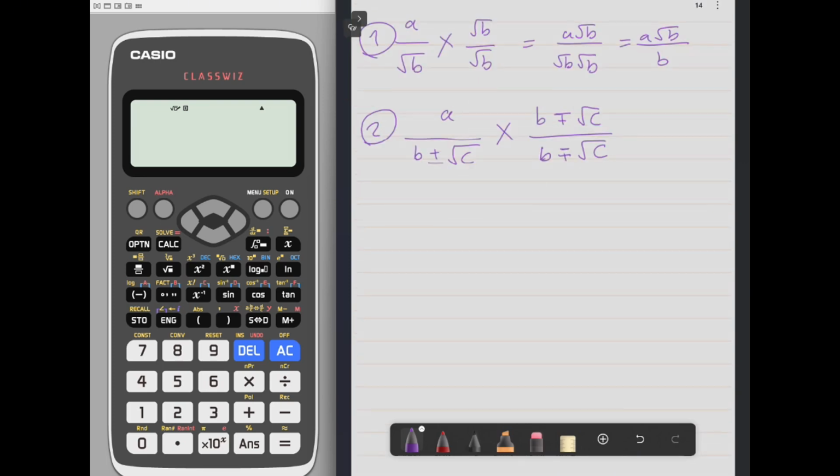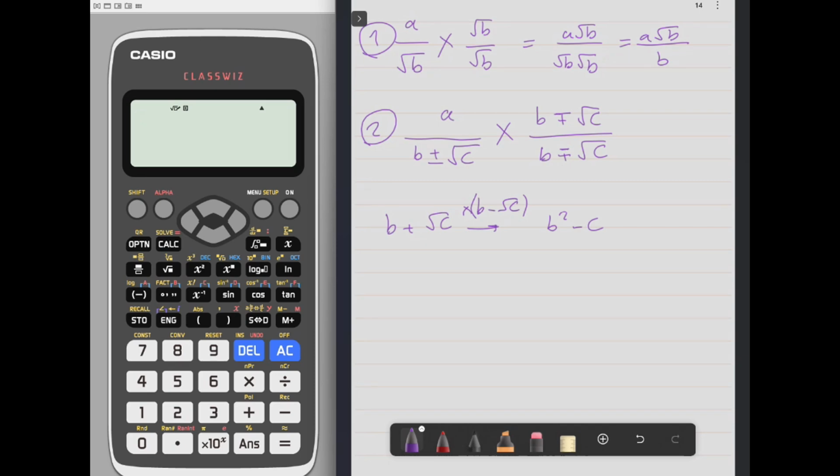By the difference of two squares. We knew that a squared minus b squared is simply equal to a minus b times a plus b, right? So, guys, if I have b plus root c, I will multiply it by b minus root c. True? And this is going to be equal to b squared minus c.